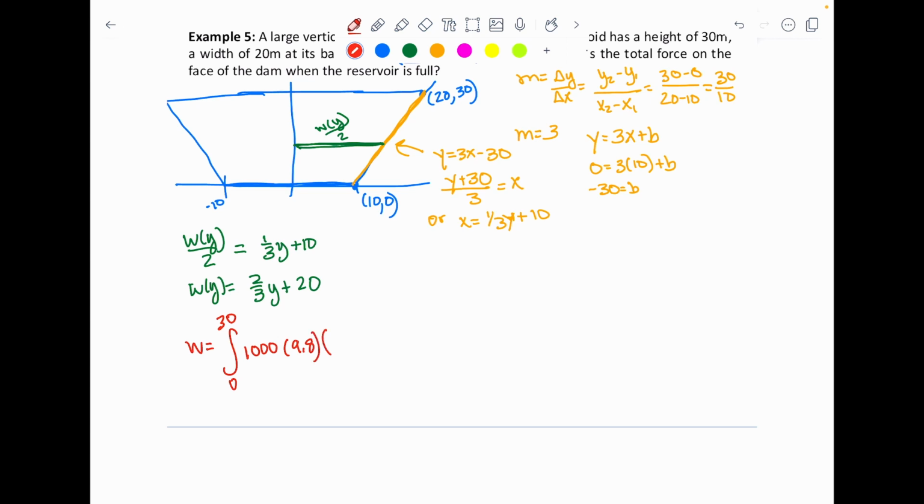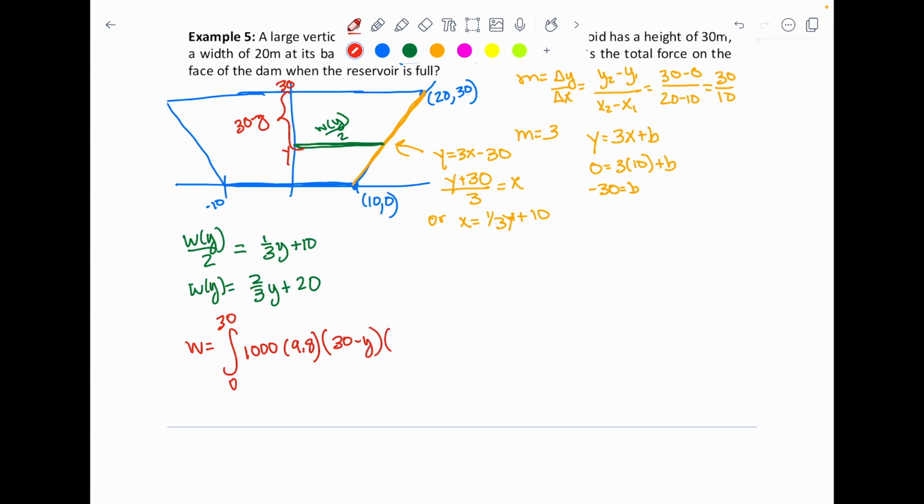I need to figure out my height function. How far away from the top is that slice? Well, if this is 30 and this is y, then the distance between those two is just 30 minus y.